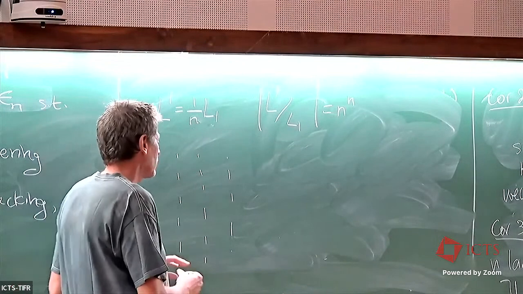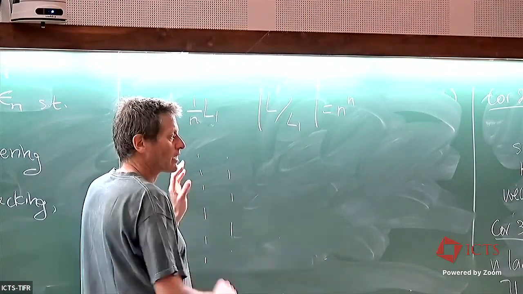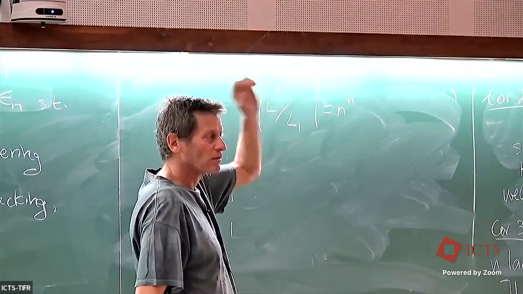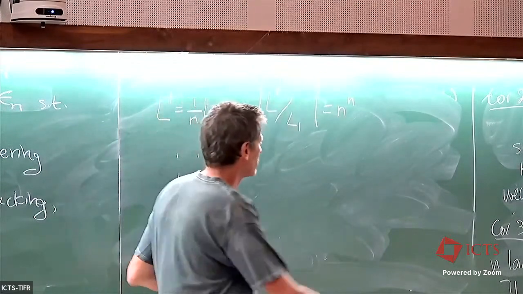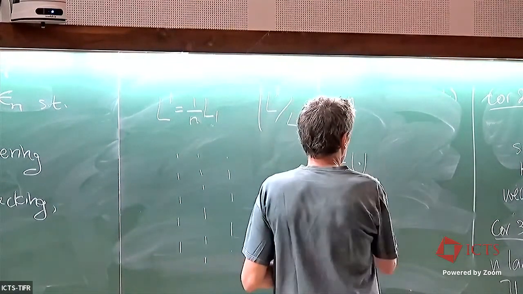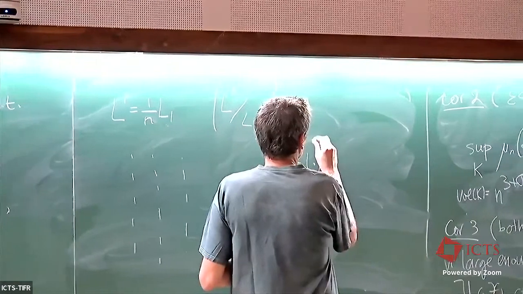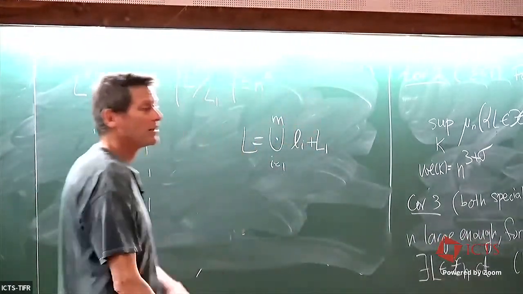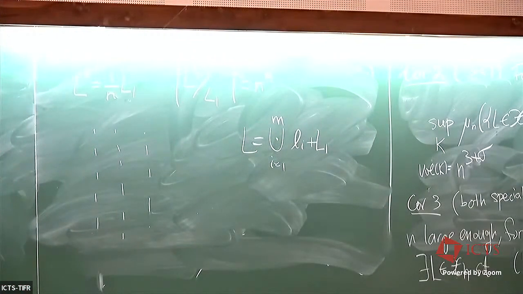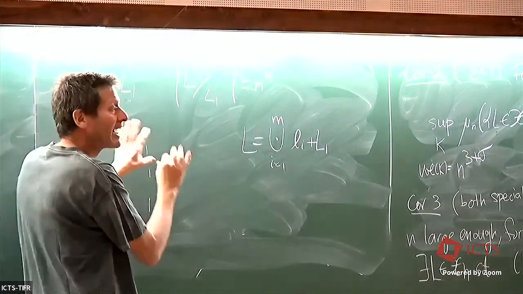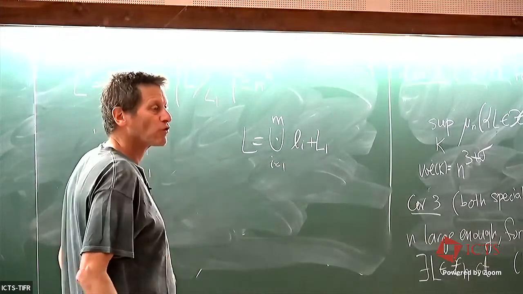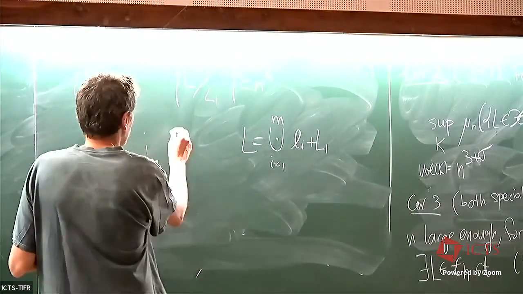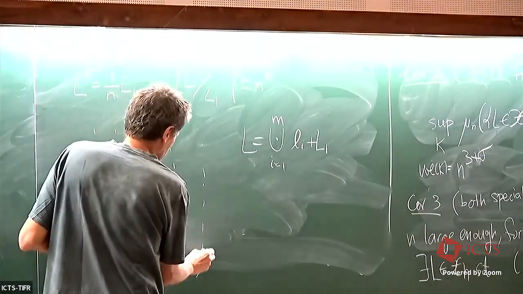Your goal now is to choose the cosets Li, which I wrote down on the right-hand board. Remember, L is the union of these cosets. Your goal is to choose the cosets Li so that K is covering this discrete set of points essentially uniformly.